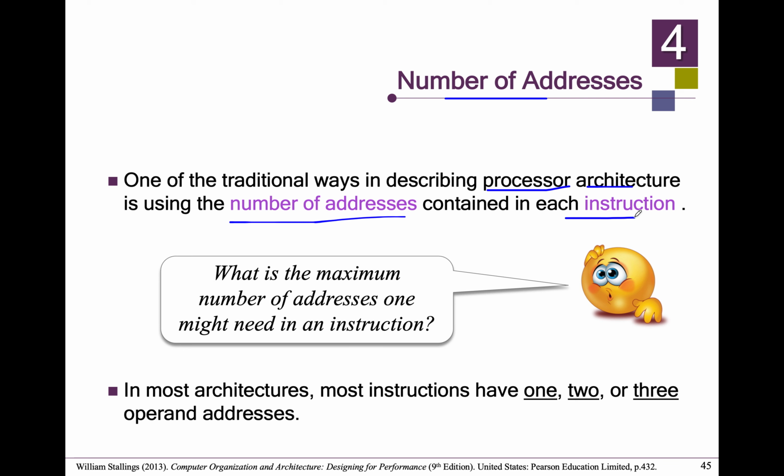So how are you going to define the maximum number of addresses? It depends also on the size of your variables, of your operands. In most architectures, most instructions have 1, 2, or even 3 operand addresses in one instruction line.